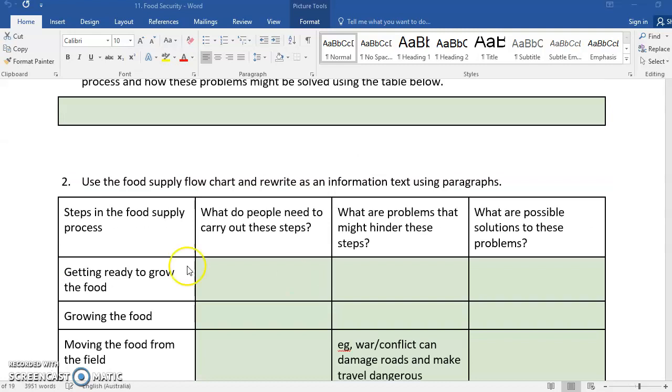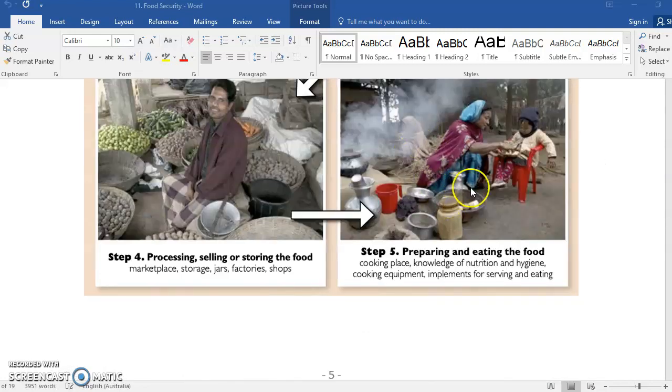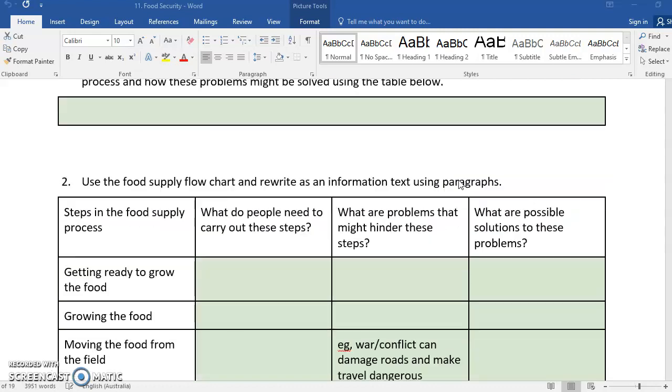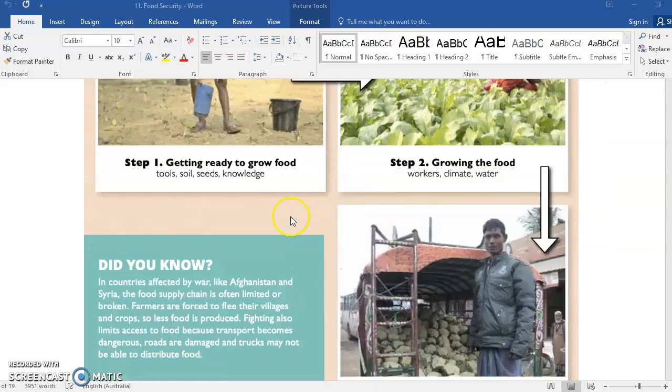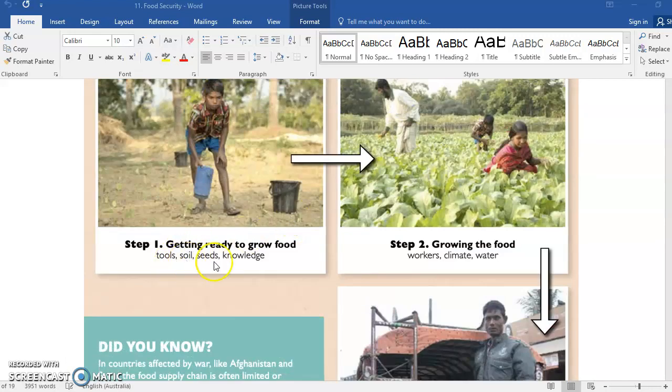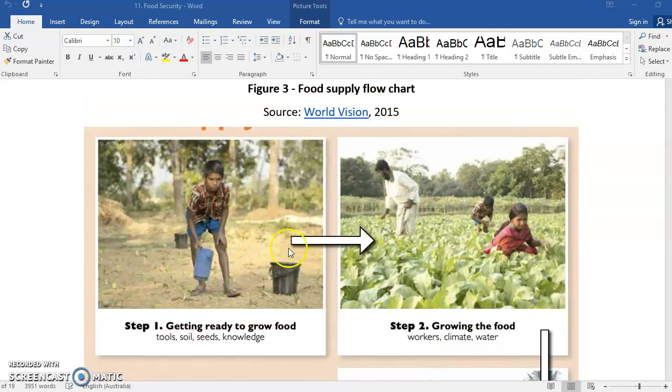For number 2, it says use the food supply flowchart and rewrite as an information text. So you're converting the information shown in the pictures into words. Step 1 is getting ready to grow the food. What do people need to carry out this step? You might have a look over here and it says tools, soil, seeds, knowledge. So they need to know some of the things you might do when you're getting ready to grow food.